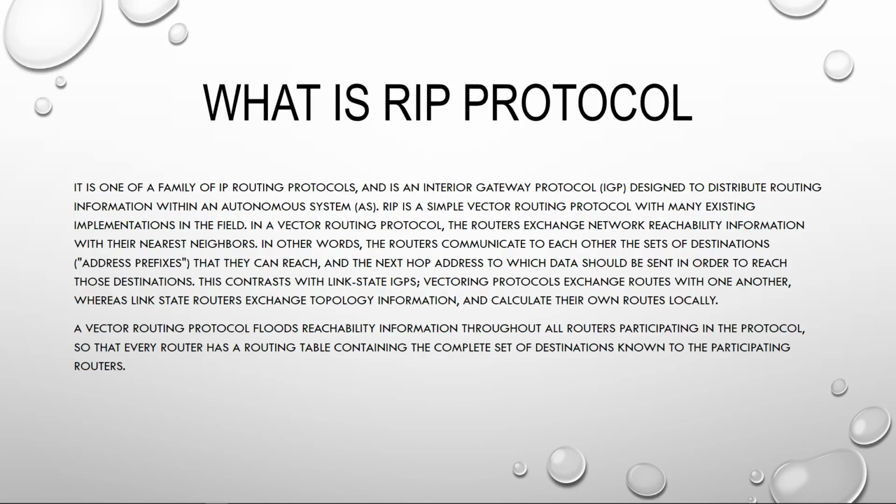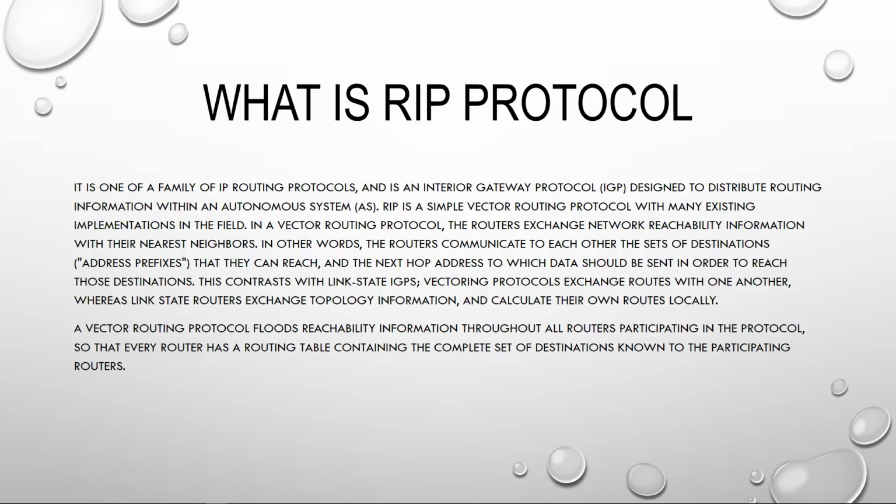Vectoring protocols exchange routes with one another, whereas link state routers exchange topology information. Link state protocols are like OSPF and IS-IS and calculate their own routes locally.